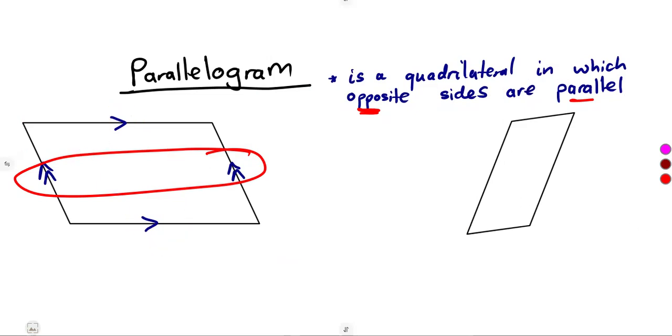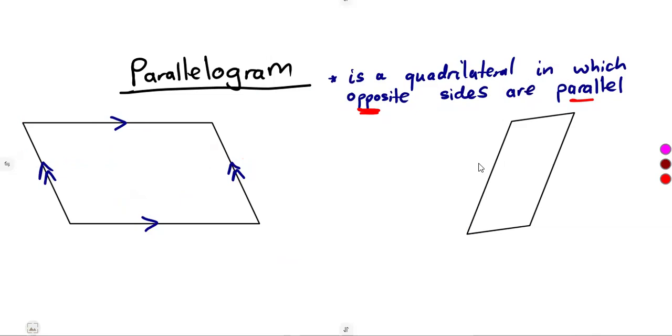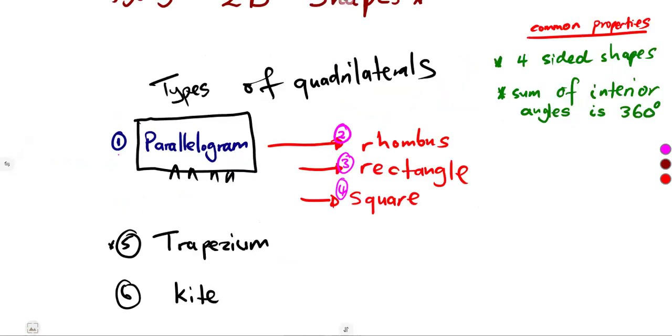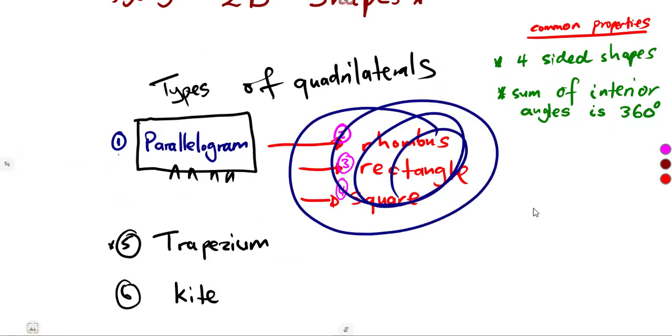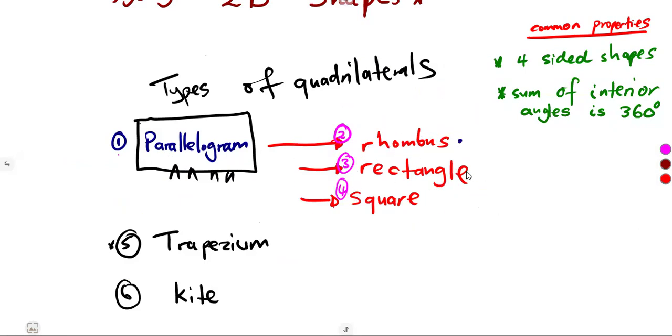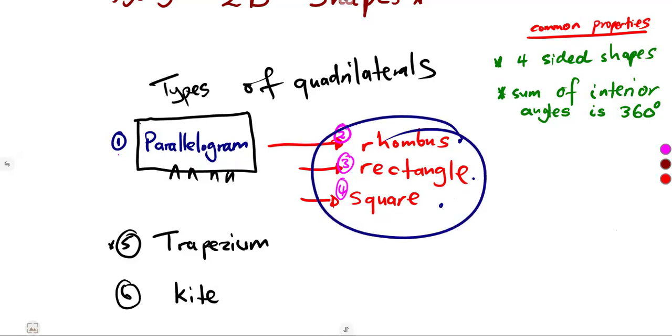So you're going to notice that this is the major property, or the mother property, for these three that are remaining: the rhombus, the rectangle, the square. Because we say they are made from a parallelogram. It is the mother of these three.